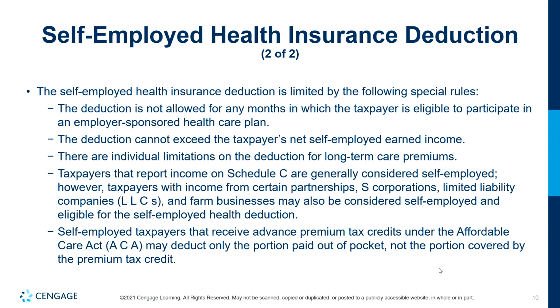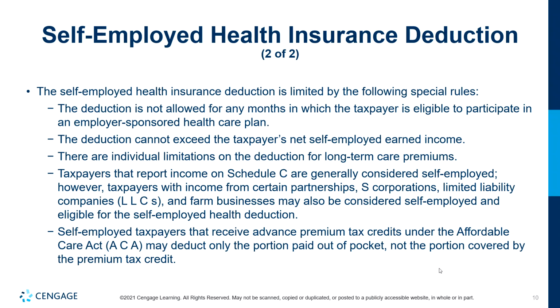Now, taxpayers that report income on Schedule C are generally considered self-employed. However, taxpayers with income from certain partnerships, S-corps, LLCs, and farming businesses may also be considered self-employed and eligible for the self-employed health deduction. Nice little thing there too.